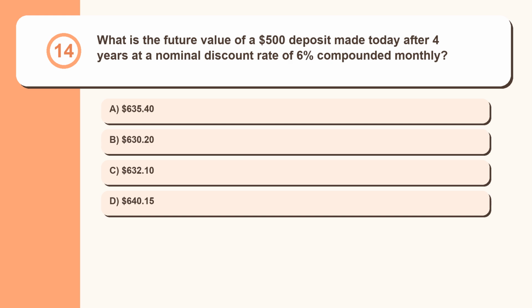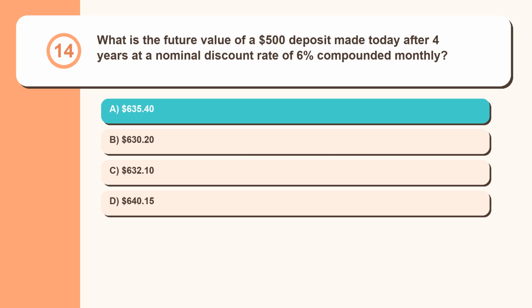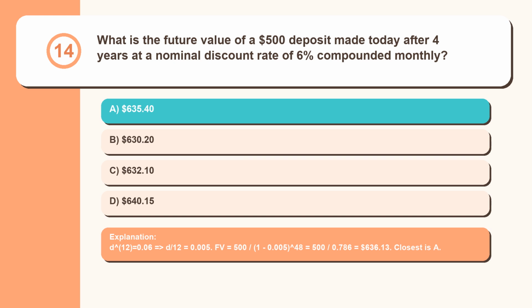Question 14. What is the future value of a $500 deposit made today after 4 years at a nominal discount rate of 6% compounded monthly? $635.40, $630.20, $632.10, $640.15. d^(12) equals 0.06, so d/12 equals 0.005.